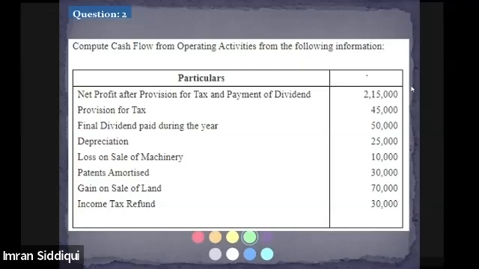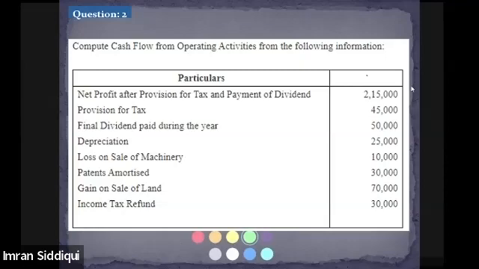See, this is the amount of tax that we have paid, which has to be adjusted with the income tax refund. We have paid 45,000. We got a refund of 30,000. That means that eventually we paid the tax of only 15,000. It has to be subtracted after calculating the cash generated from operation. You understand that?